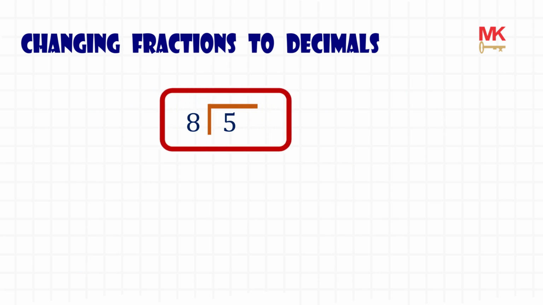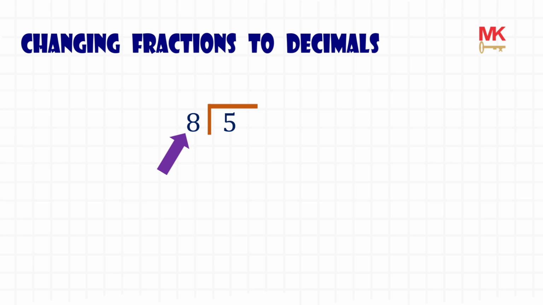In this example, 8 is the denominator while 5 is the numerator. 8 can't divide into 5, so we introduce the hidden decimal point as usual. Let's begin with just 1 0.